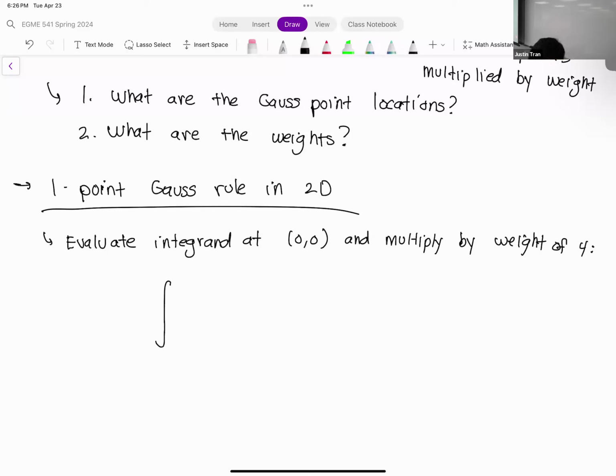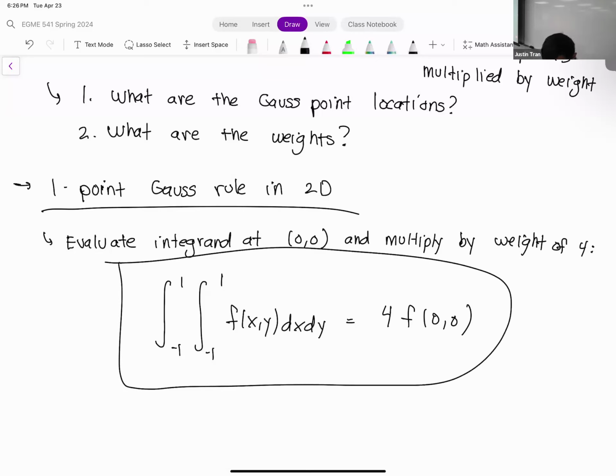So in other words, the integral from -1 to 1, integral from -1 to 1 of f of x comma y dx dy is equal to 4 times f of 0, 0. So this is the simplest one you can do.